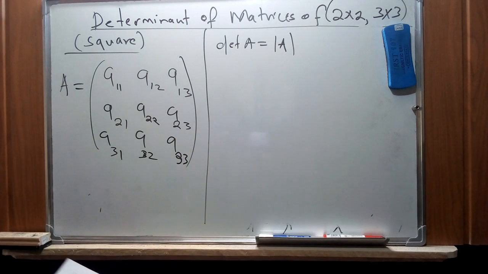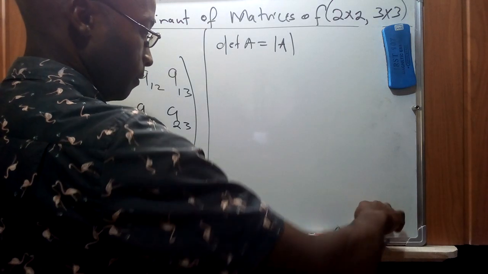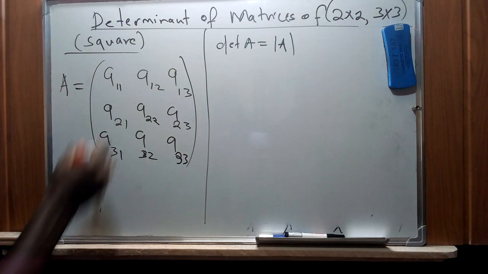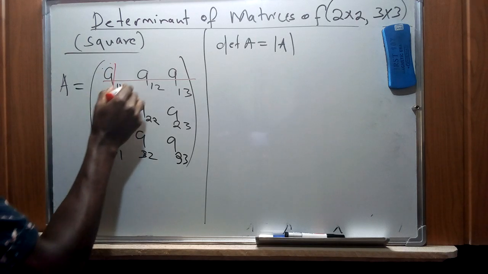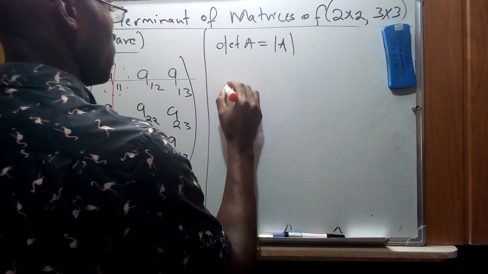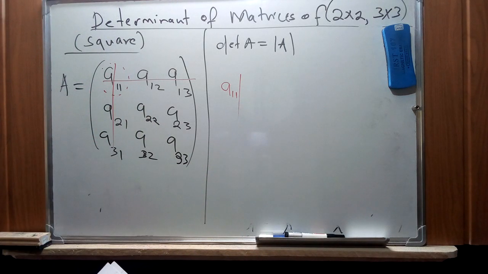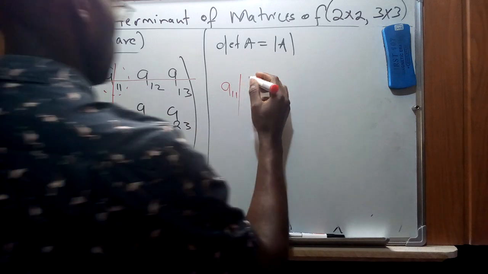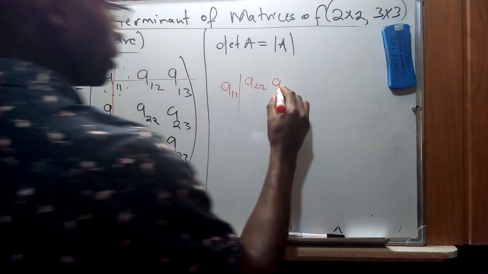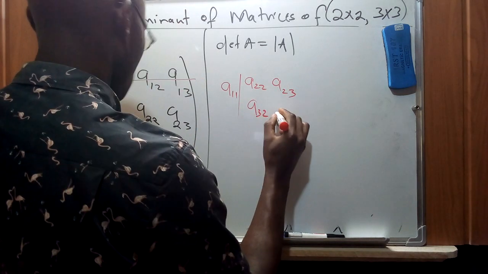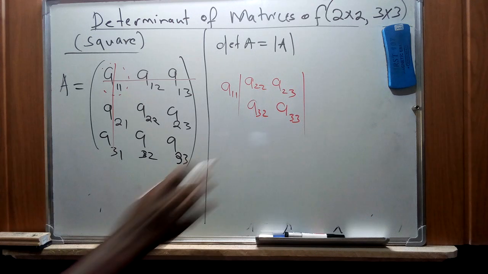We look at this row and column, and at the point of intersection we take this element, A11. Then we take the determinant of the part that is left: A22, A23, A32, A33. So it's going to be like that, and then you find the determinant of what is in there.